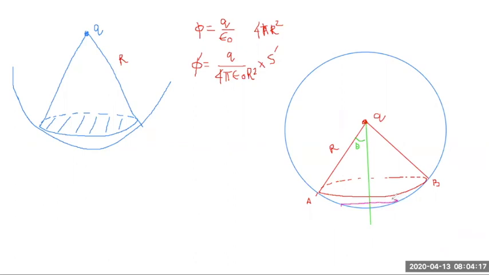What is that elemental area? This time you need visualization. This is the elemental area. Please see this figure for yourself.